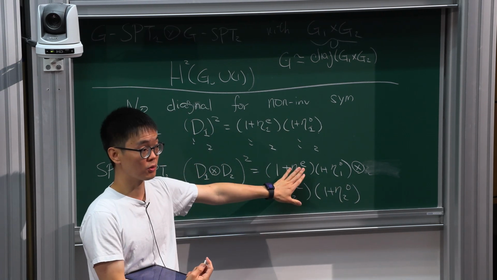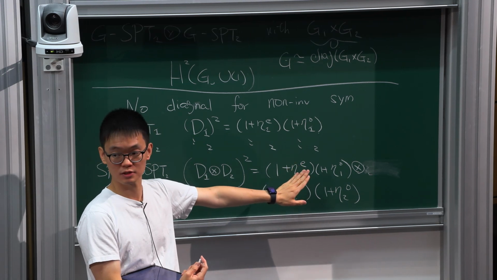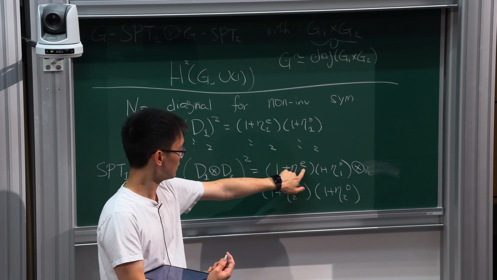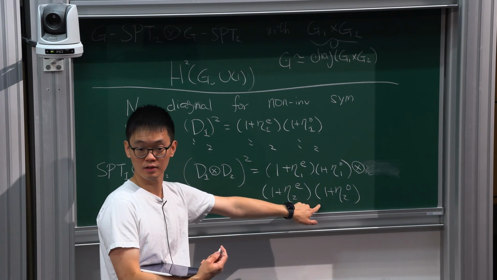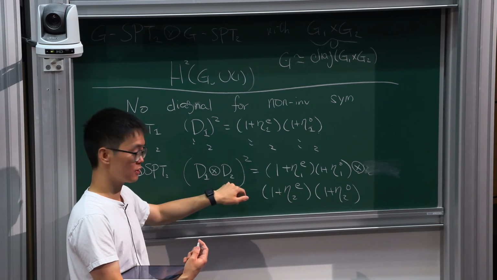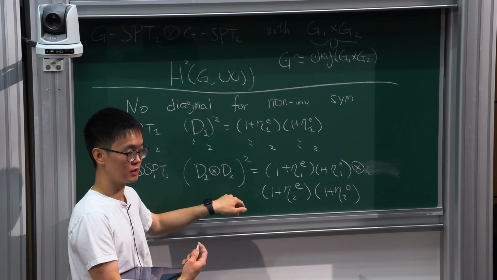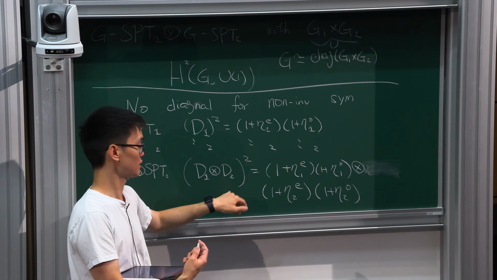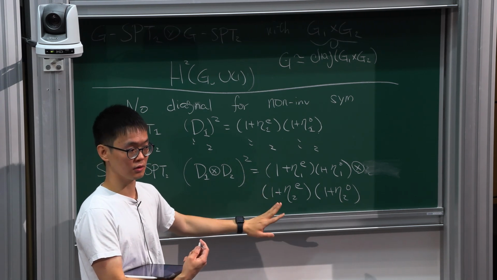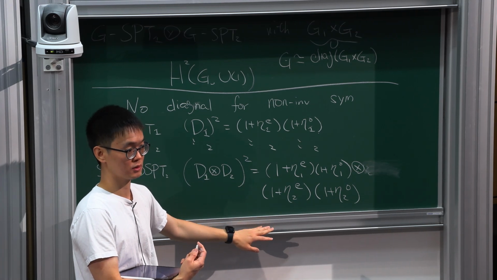As you do the tensor product, there will be cross terms, terms that look like eta 1 even with identity on the right. So if you only took the diagonals, like D1 tensor D2, eta 1 even tensor eta 2 even, eta 1 odd tensor eta 2 odd, they are not closed under multiplication.